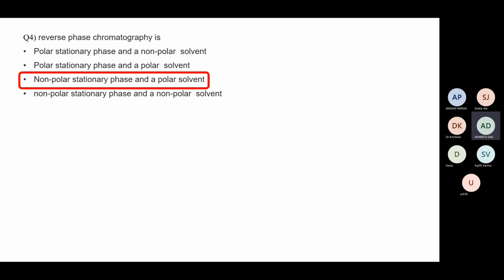The purpose of the organic solvent in reverse phase chromatography is to maintain the polarity at a level low enough for the solute to dissolve in the mobile phase, and yet high enough to facilitate the binding of the preferred molecule with the stationary phase. Now moving to the next question.